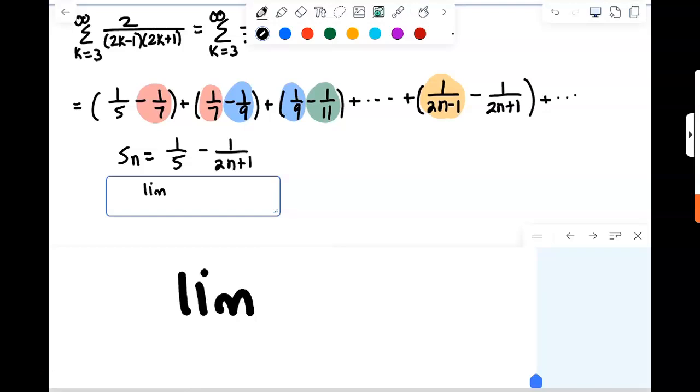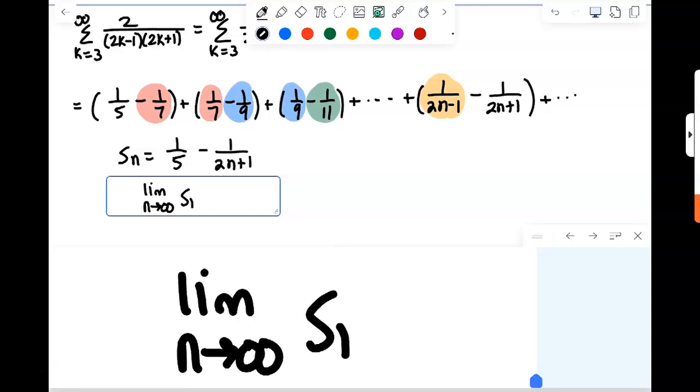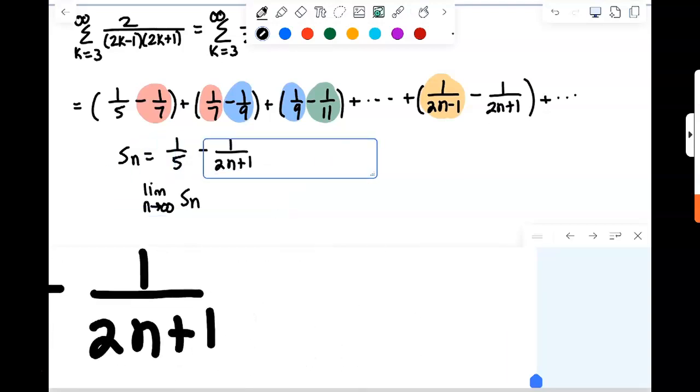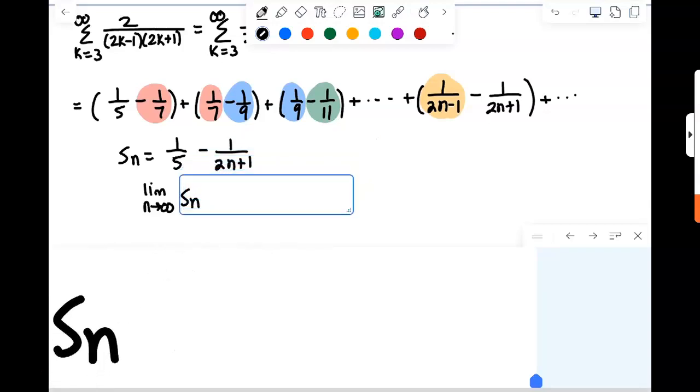The limit would be, as n goes to infinity, of Sn. And of course, as that happens, 1 over 2n plus 1 goes to 0. So we have 1/5 minus 0. And so this thing is actually going to converge to 1/5.